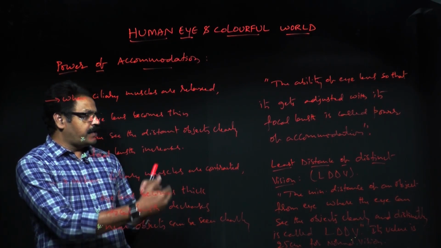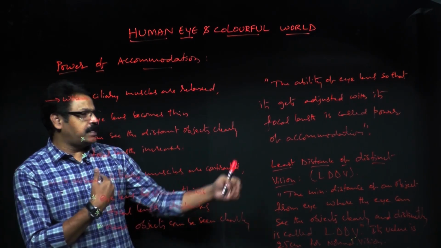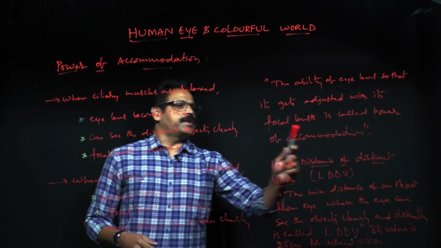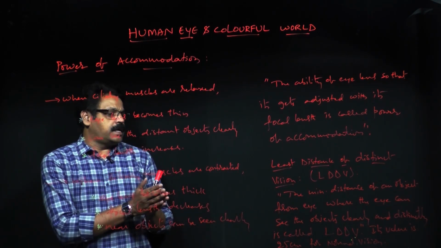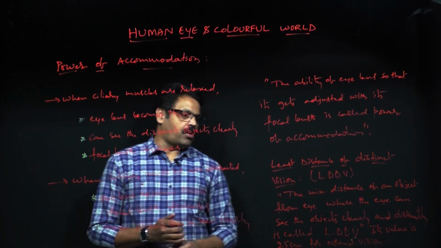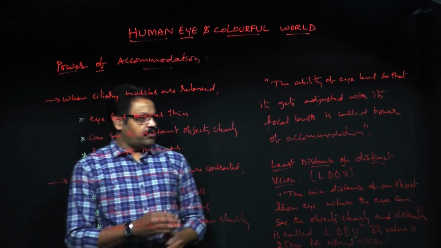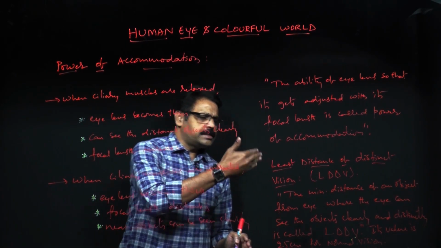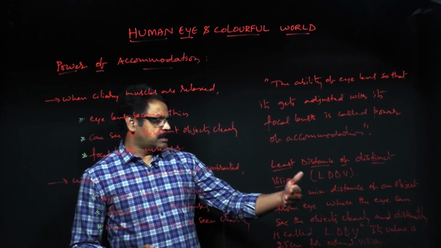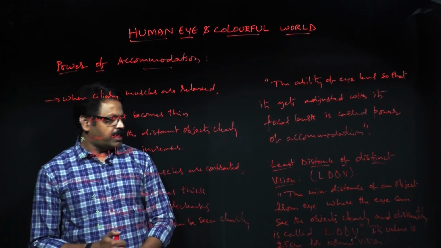Such ability of adjusting itself depending upon where the eye has to be focused is called the power of accommodation. The eye lens can see objects clearly when they are kept at a distance of 25 centimeters from the eye.